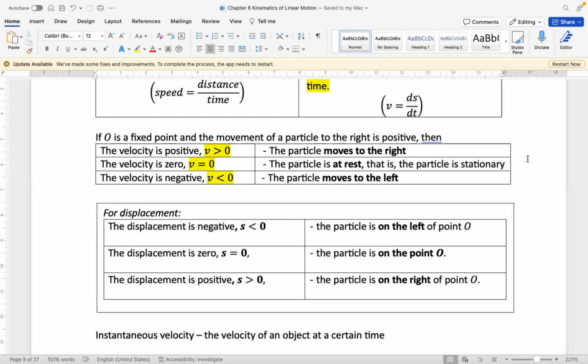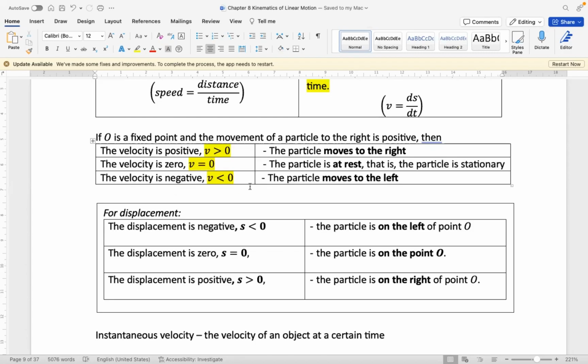Because when you change direction, for sure you have to stop for a while, then only you can change. So at rest, stops, or change direction, we have v equals 0. When the particle moves to the left, we have v less than 0, velocity negative.